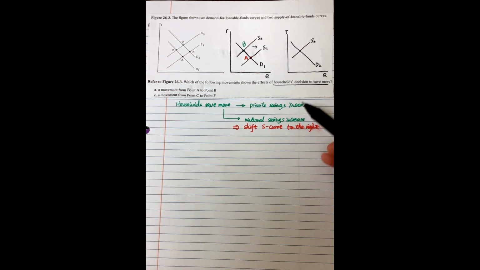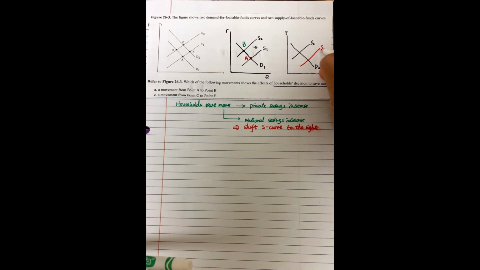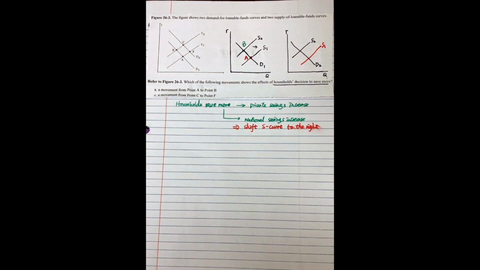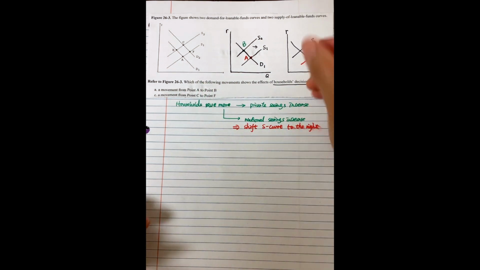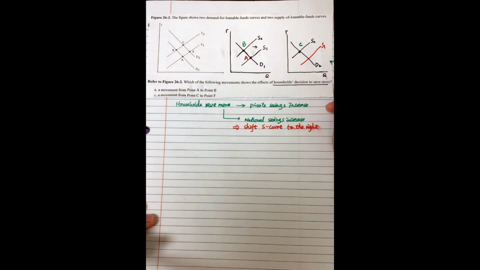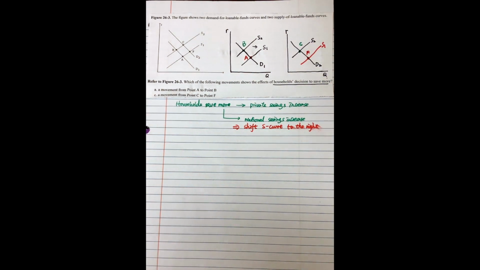Now when households save more, it will also shift the supply curve to the right-hand side. And corresponding to this graph, you might notice this could be our original point C, and then this could be our new equilibrium point at point F. So this question could have two possible answers.